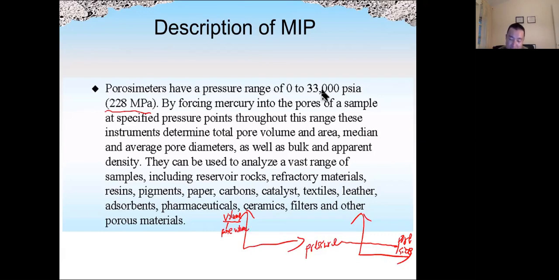So we get an idea of the pressure versus the pore volume, and because the pressure has a correlation with the pore size, we can have a curve of pore volume and pore size, and we call that pore size distribution. Okay, so let's stop here today. We're going to continue MIP next time.